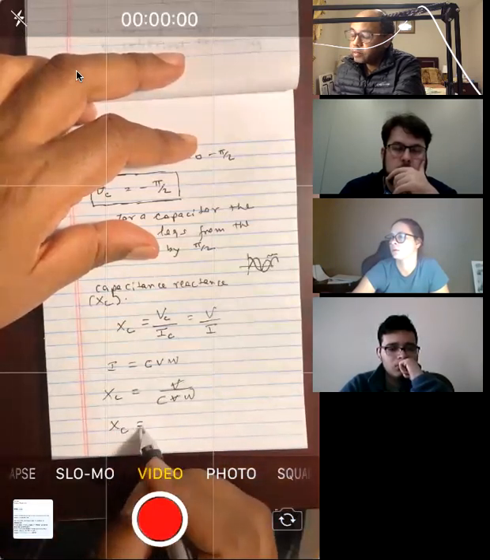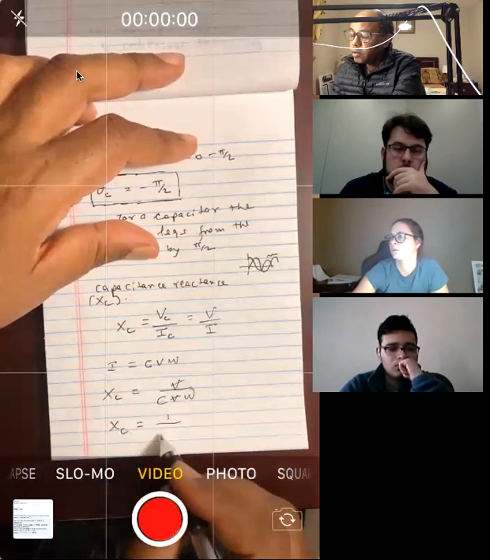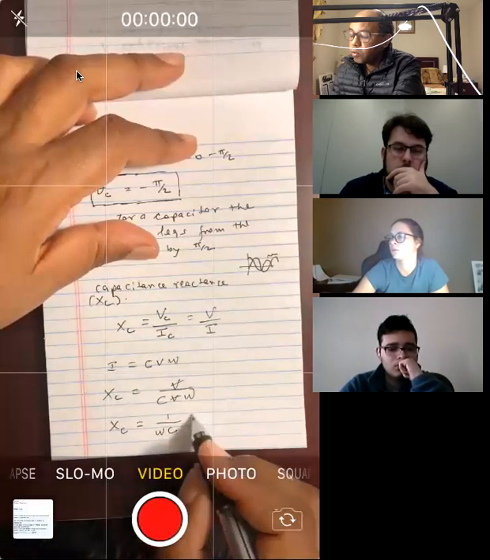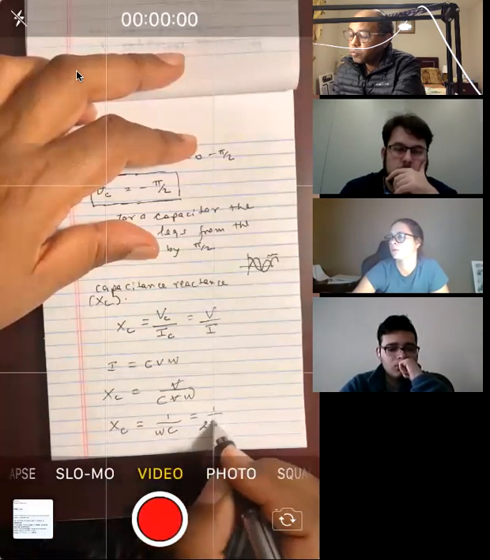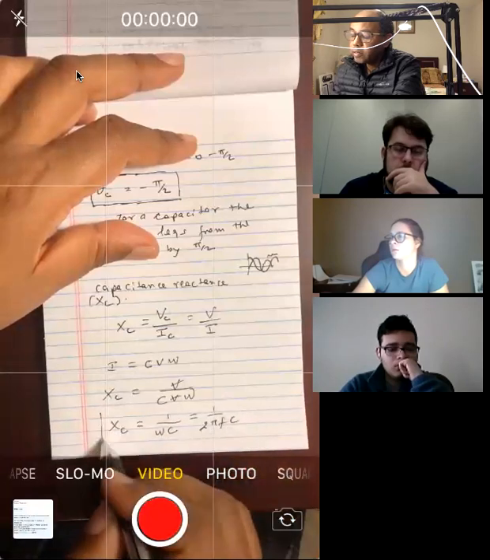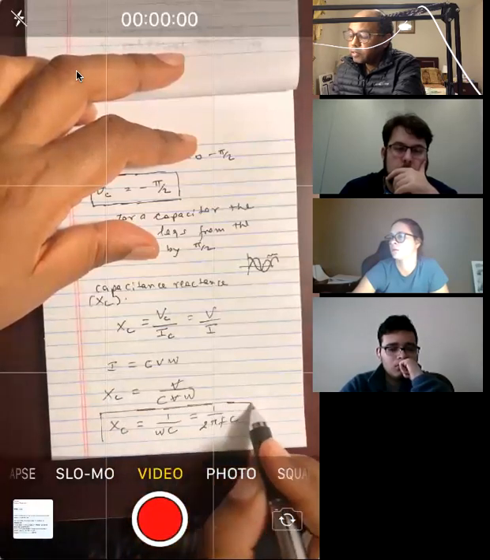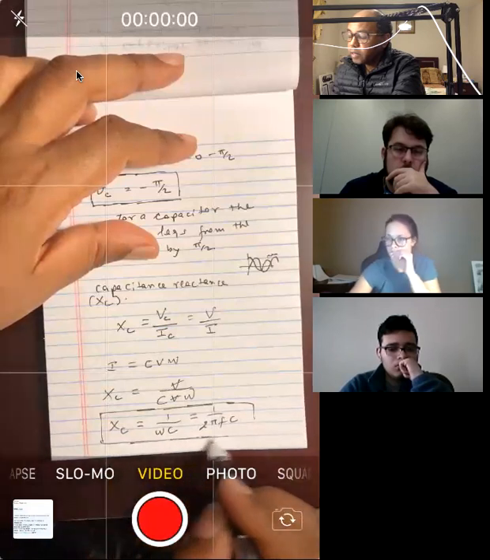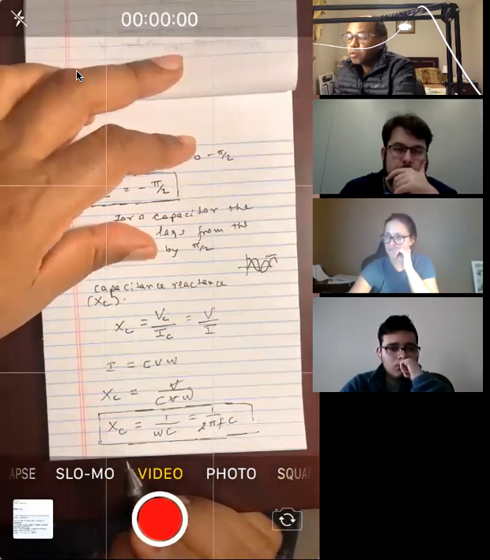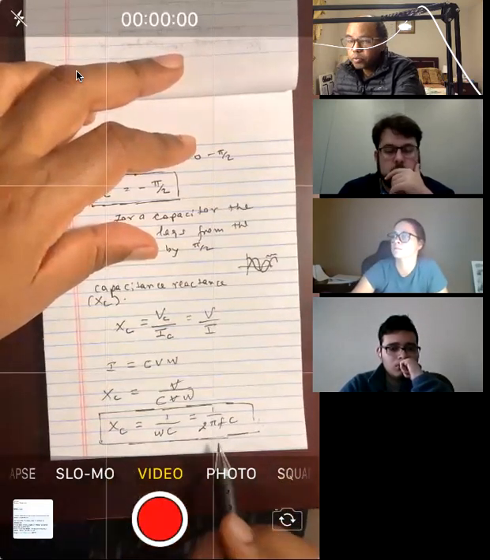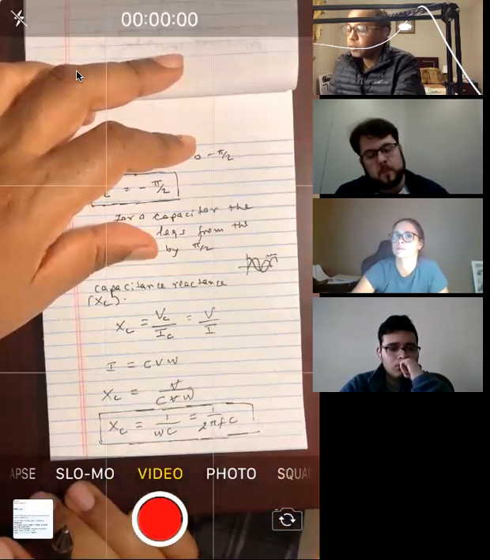The capacitive reactance is 1 over omega C, or 1 over 2 pi f C. Okay, so this is the difference over here with an inductor. In this case, the resistance or capacitive reactance is inversely proportional to the frequency. That's an important conclusion.